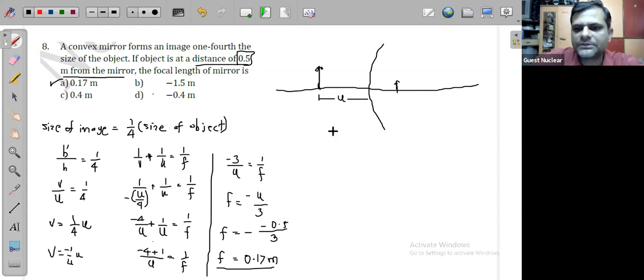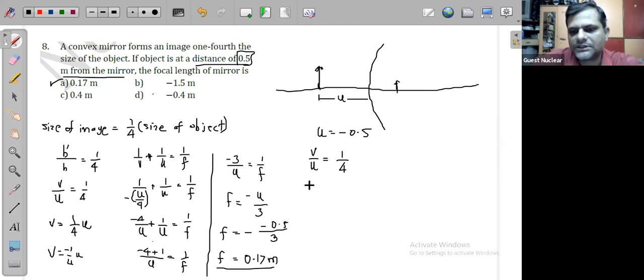देखो या तो फिर ऐसा भी कर सकते, u का वैल्यू तो डायरेक्ट दिया हुआ है ना हमको, तो इसलिए हम बोल सकते हैं कि u is going to be minus of 0.5, which is already given, and the image is 1/4 size, मतलब image का जो size है वो ऑब्जेक्ट के हिसाब से 1/4 है. ओके, सो अगर ऐसा है तो इसका मतलब जो इमेज v अपॉन u जो है वो फिर कितना होगा, वो 1/4 होगा जरूर.